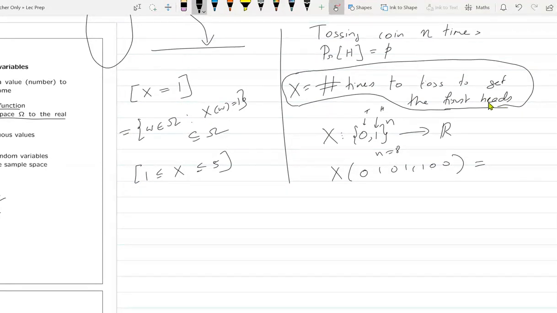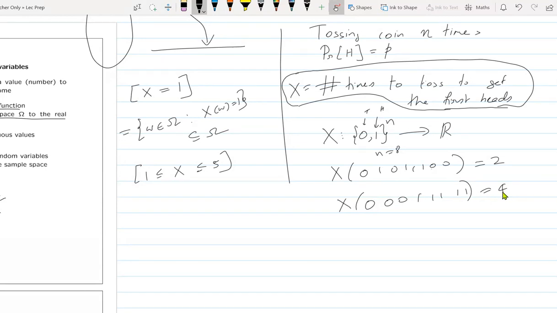What is the definition of x? It is the number of tosses to get the first head. I change the function, so you need to read. It is the number of times to toss to get the first head, and this has happened in the second place. If I had 0, 0, 0, 1, 1, 1, 1, it would be a 4.